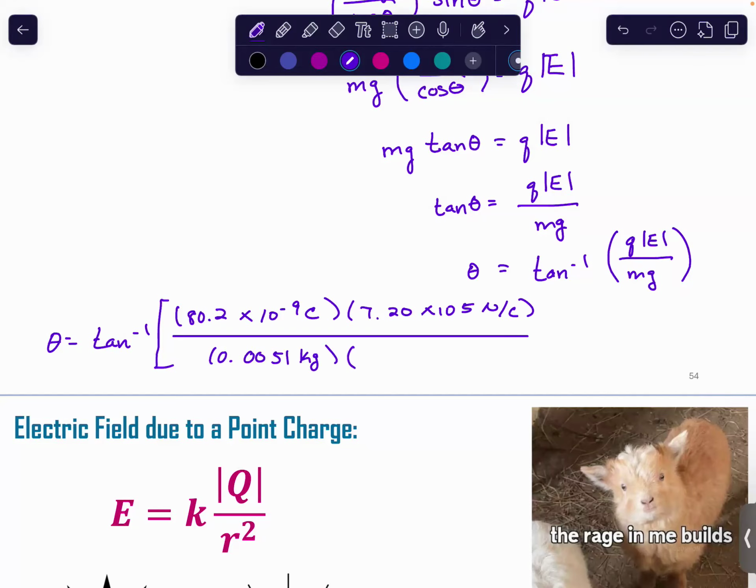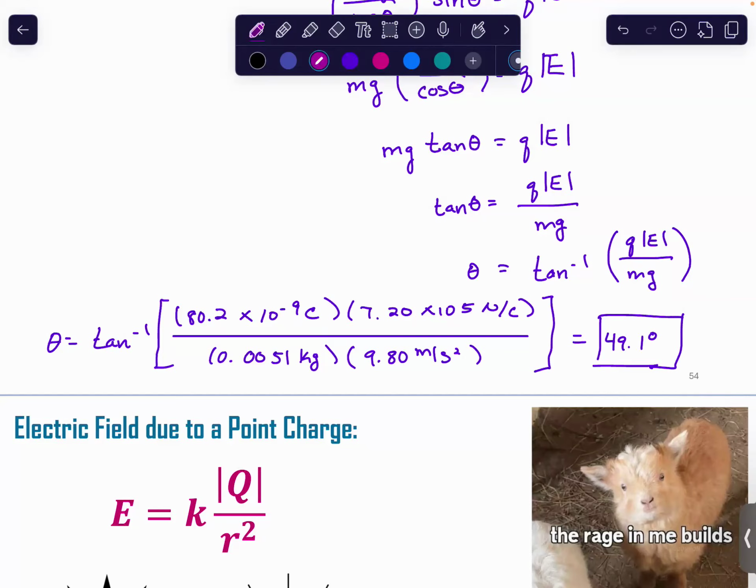And then remember that gravity is 9.80 meters per second squared. That's a constant. If you weren't here last semester, g will always equal that. Theta is going to become 49.1 degrees. That's the angle that that electric field pushes that charge to.